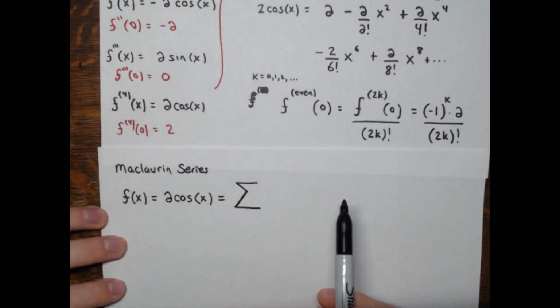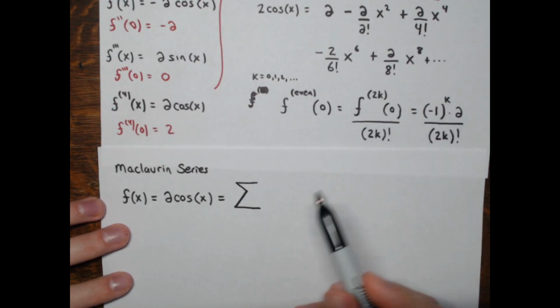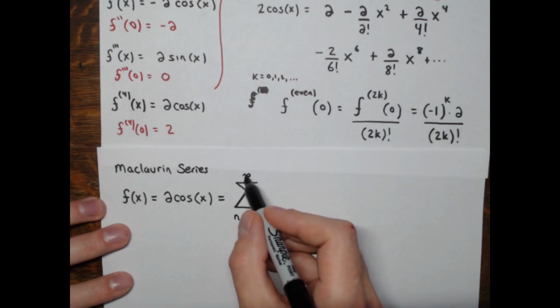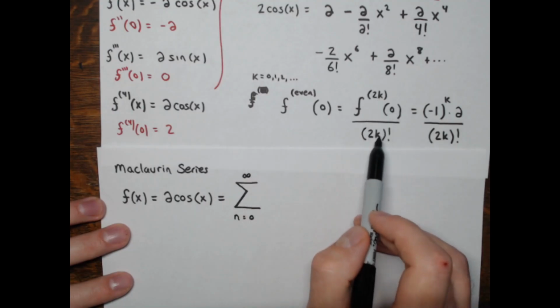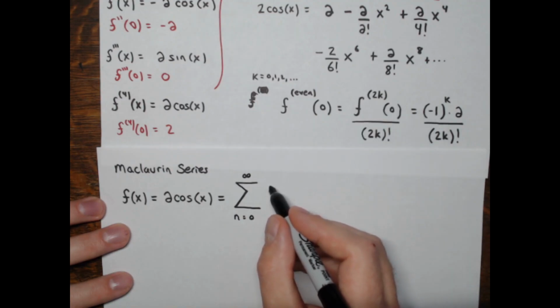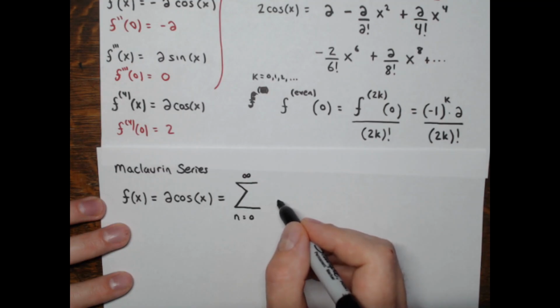Now, if you don't like n being k, I can call these k's n again. Just have it be like we're used to, sum from n equals 0 to infinity. But just use even stuff, right? Just the value of the even derivative over the even factorials, because all the odd stuff went away.